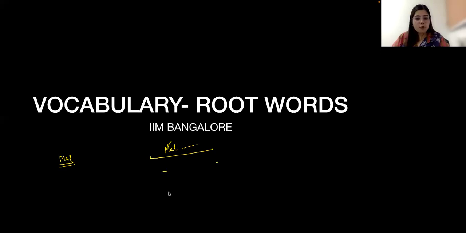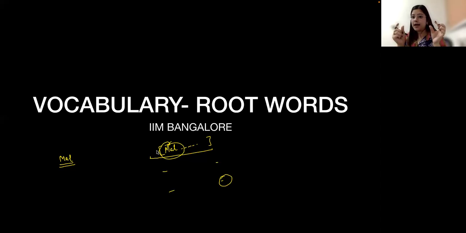And then there are 4 options that follow. And 3 options talk about things that are good, that are nice, kind, generous. And then there is 1 option that talks about something which is not as good, something which is bad, something which is evil. And even if I do not know the exact meaning of the word that is given to me, I can relate with mal.